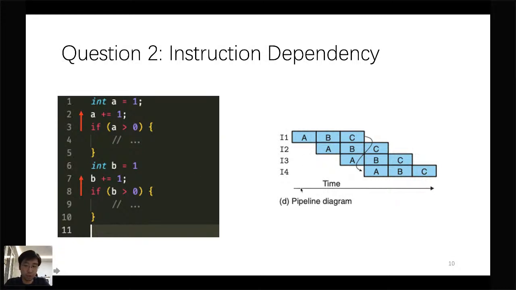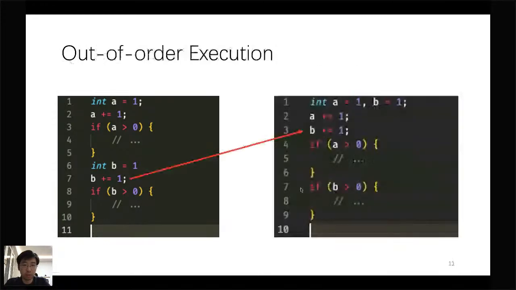So how to solve this problem? Actually, in the CPU, the solution is that the CPU will automatically reorder the instructions for you. It will analyze the dependency between different variables and reorder them.